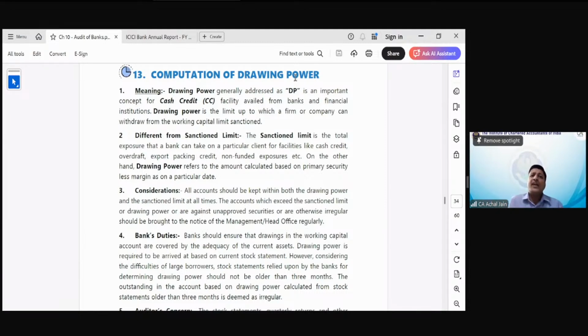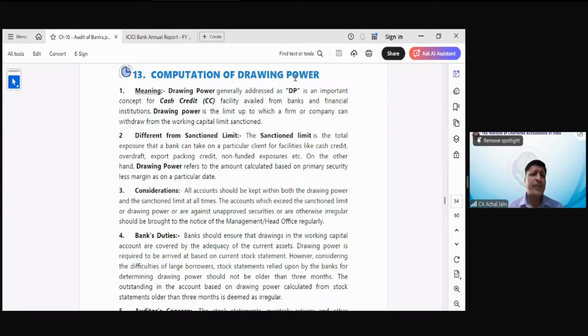Just by having a limit may not serve the purpose of the firm, because eventually the firm needs funds. Yes or no? If the firm says I have got this limit of 20 crore, but I am not able to draw any fund, will that be of any use? May not be. Correct. So that is where this drawing power comes into the picture.